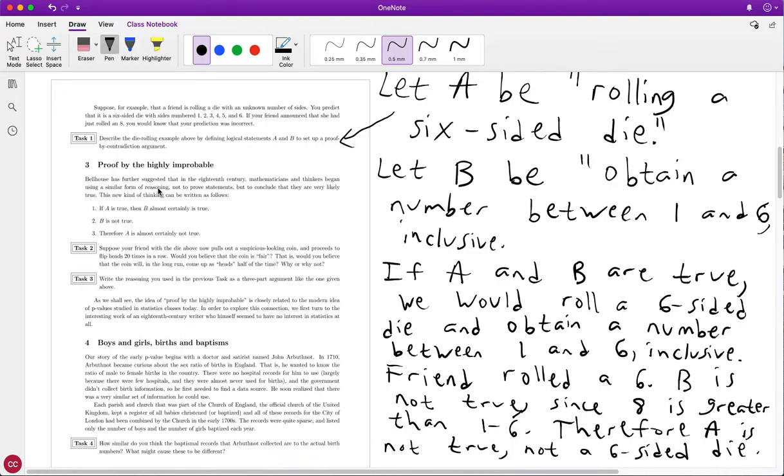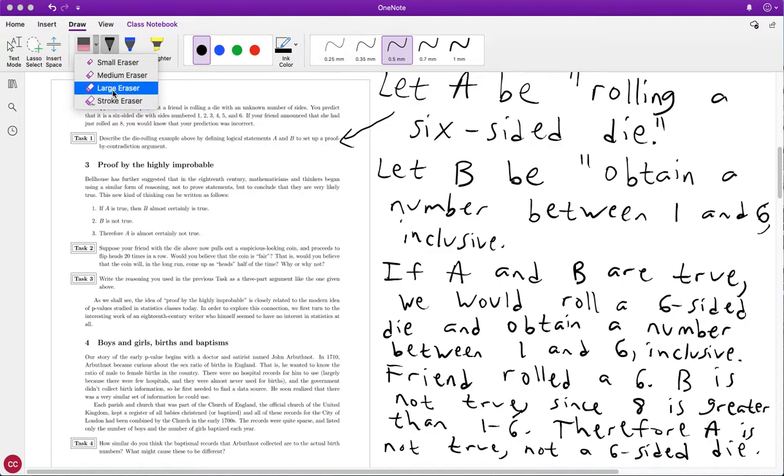B is not true, therefore A is almost certainly not true. So do note, very similar premise to this, only difference being that now it's using this idea of almost certainly true inside of them.